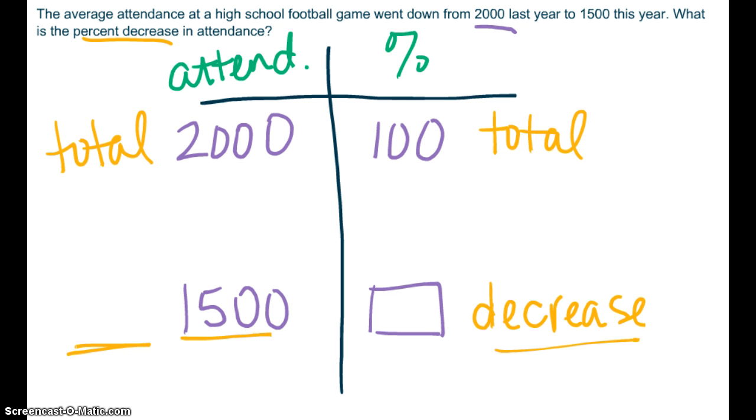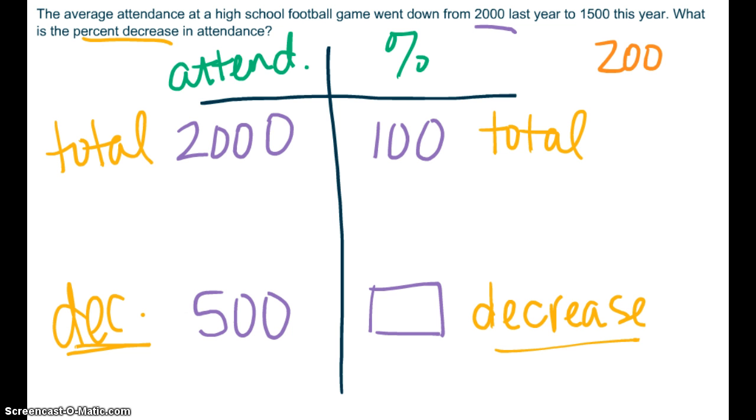So instead of 1,500, I'm going to take 2,000 and I'm going to subtract out 1,500, and my decrease is 500. Again, I took my total 2,000 and I subtracted out 1,500 to get 500 decrease. That's the actual number of people who stopped attending the games.